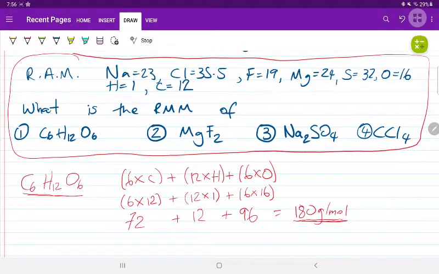All right. And remember, 1 mole of anything contains the Avogadro's number of particles. So if you have 1 mole of glucose, there are going to be 6.0 times 10 to the 23 glucose molecules in there. And all those glucose molecules together will have a mass of 180 grams.